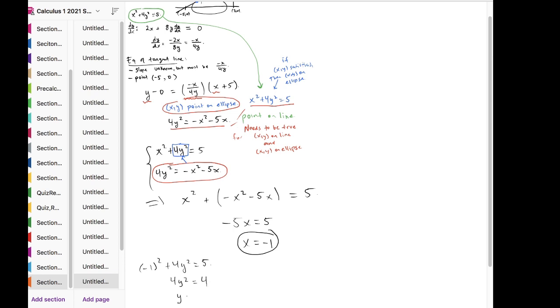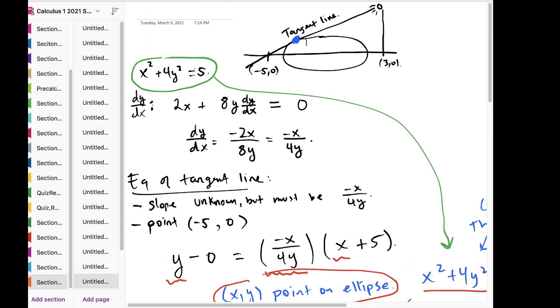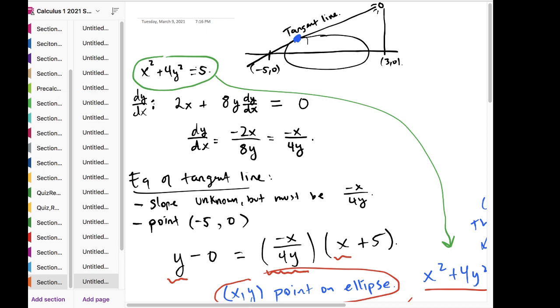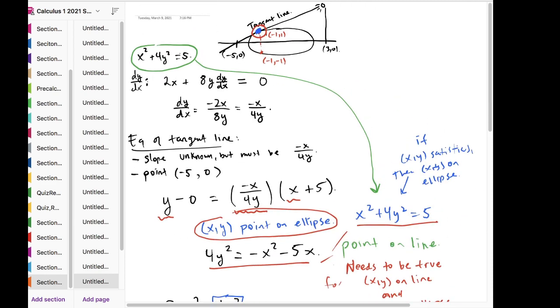It's actually one or the other. Why is it +1? Because I'm not on this side, right? I'm on this side. This is -1, 1, and this is -1, -1. It's actually only one of them. If we did the other side, that would be in the wrong direction.